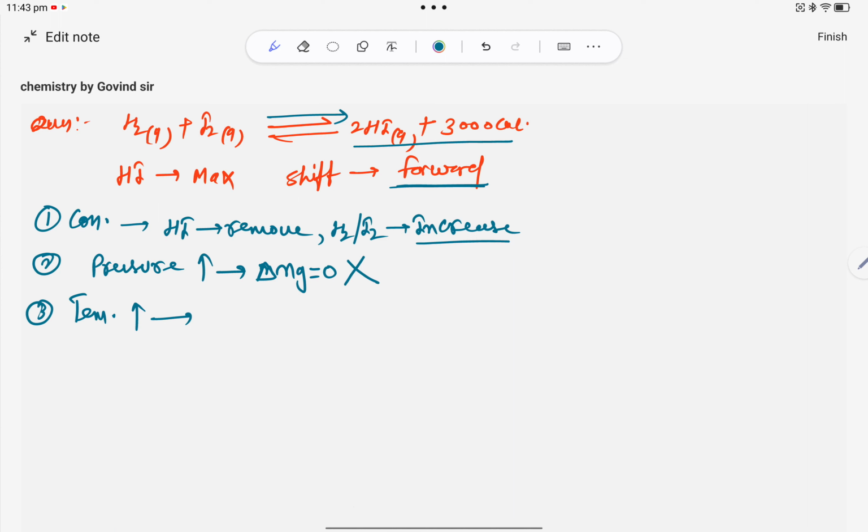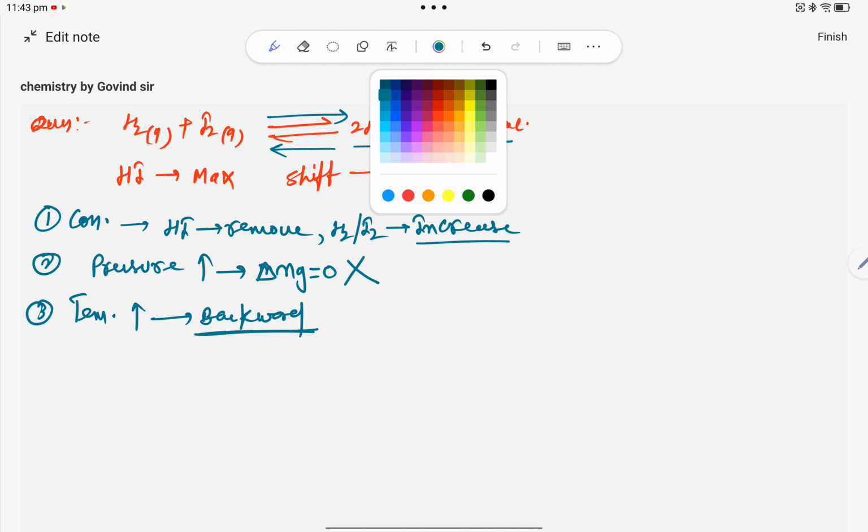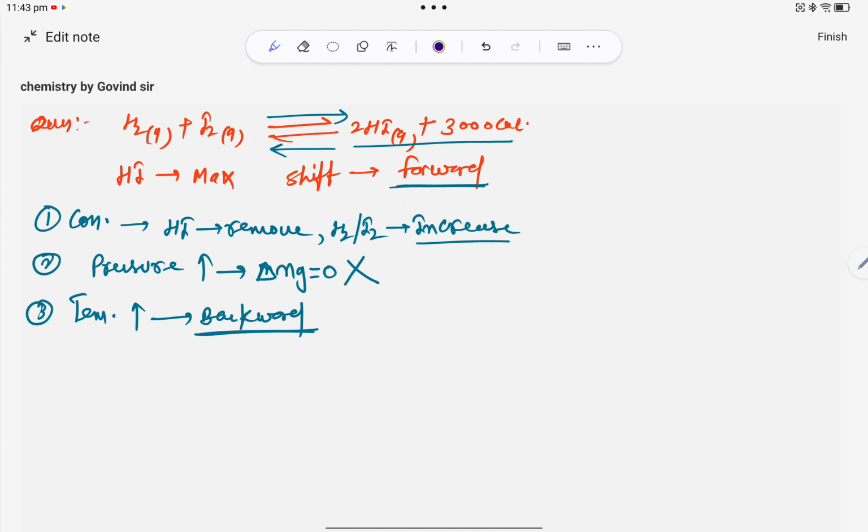HI dissociates with the energy, backward direction. But we need the forward direction. So if you increase the temperature, then the production of HI will decrease. That means in that case we need low temperature for the maximum amount of HI.